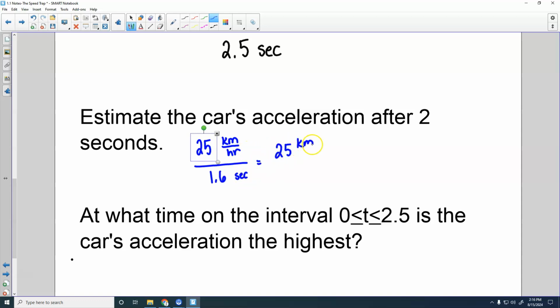How did we do that yesterday to go from seconds to hours? Almost. Divide it. Yeah. So we need to do 1.6 divided by 3,600.